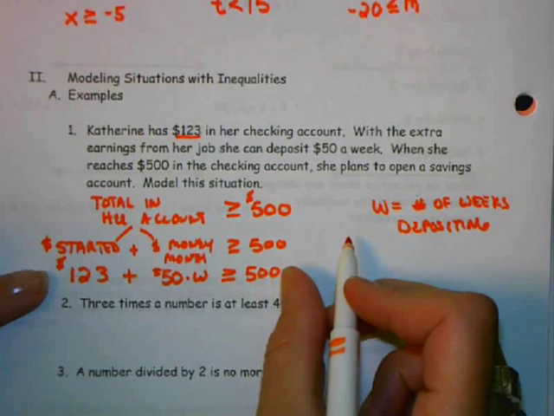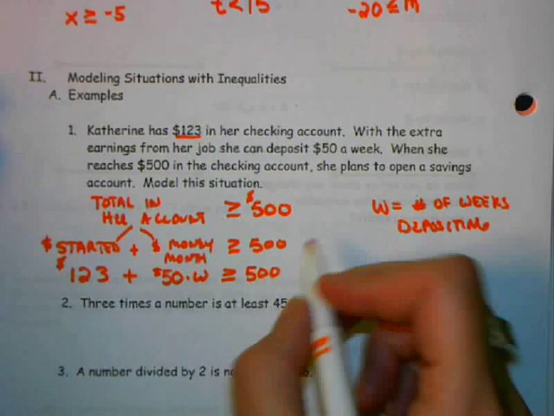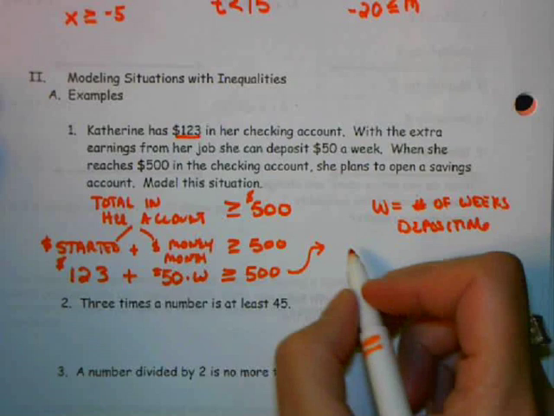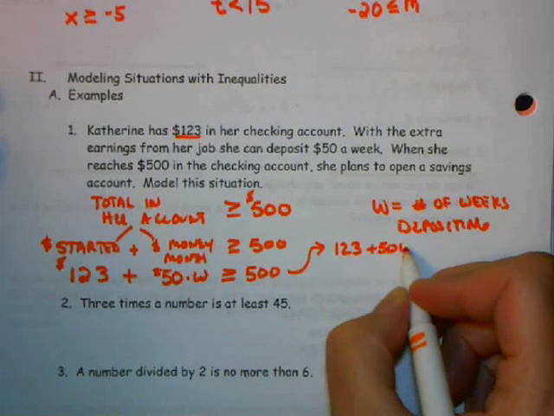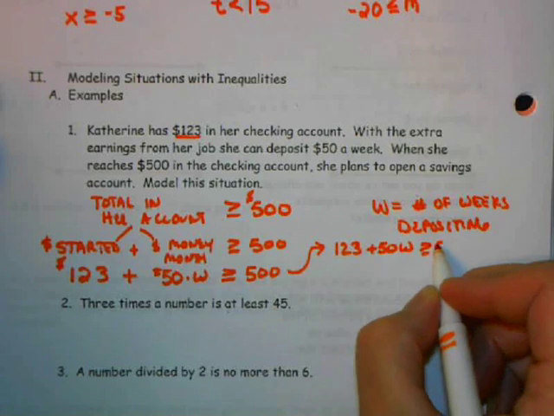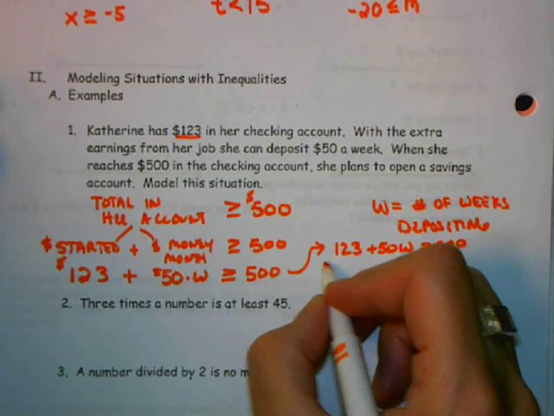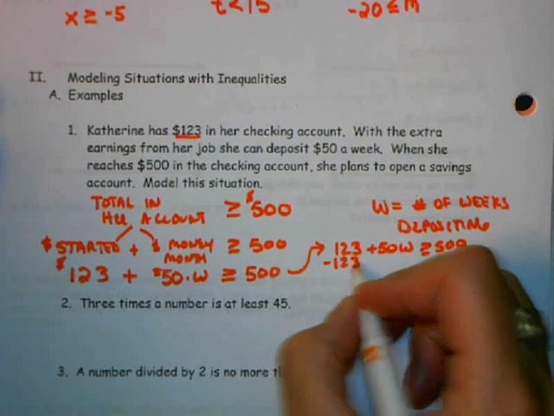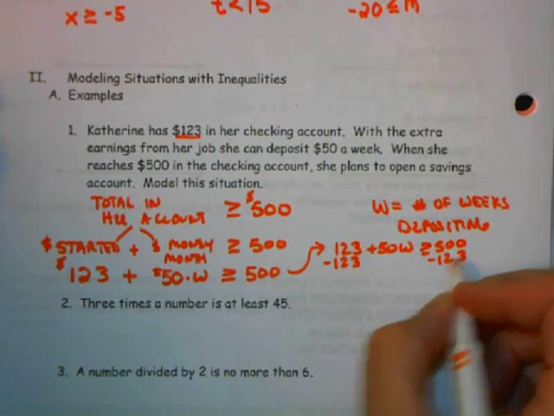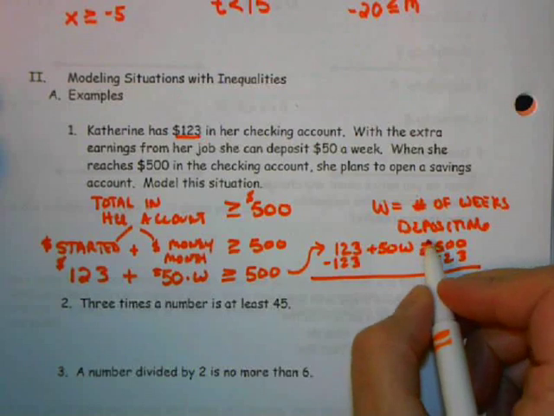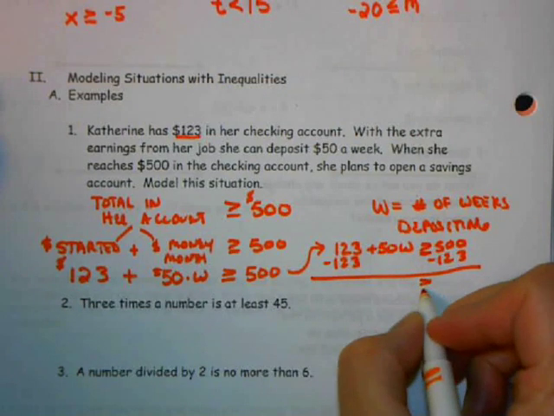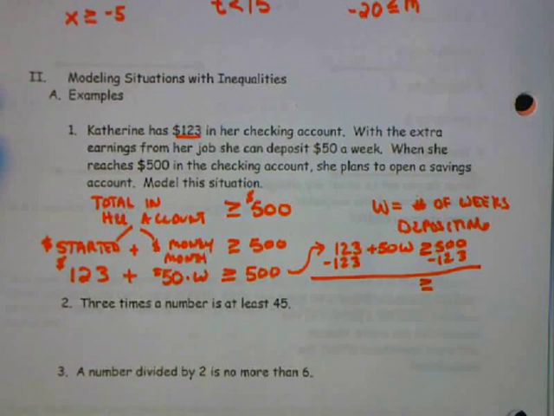This is an inequality that we could solve. So let's go ahead and take this inequality. 123 plus 50W is greater than or equal to 500. The first thing I have to do is subtract $123 from both sides of this inequality. I haven't multiplied or divided by a negative number, so my inequality sign stays the same there.